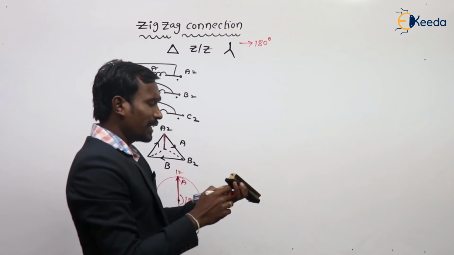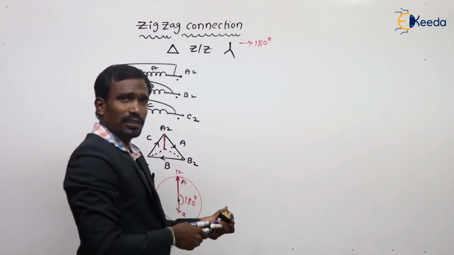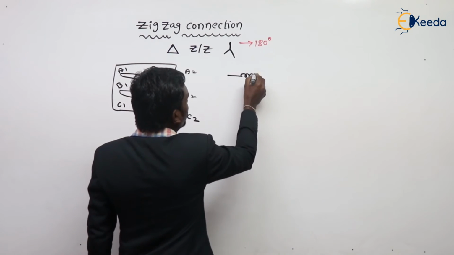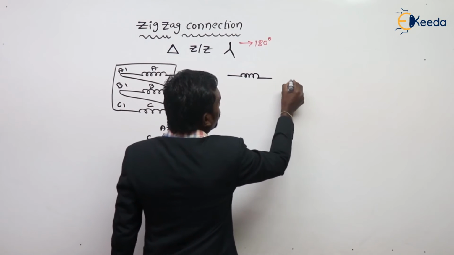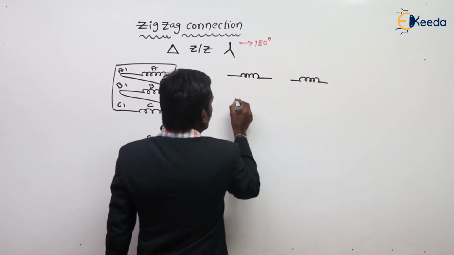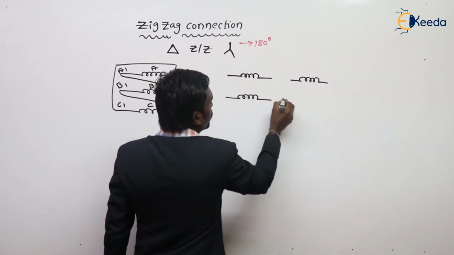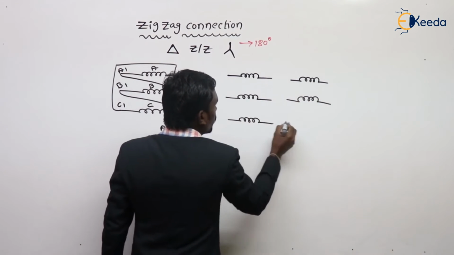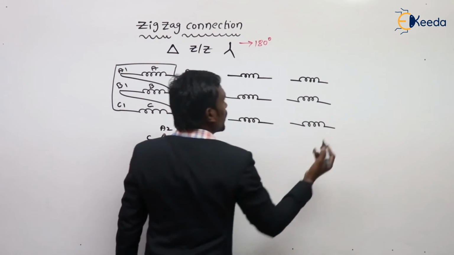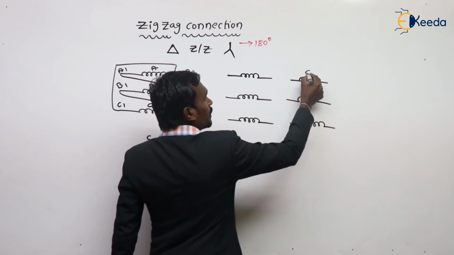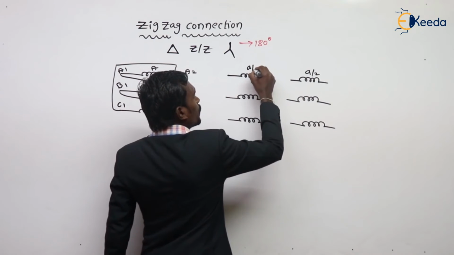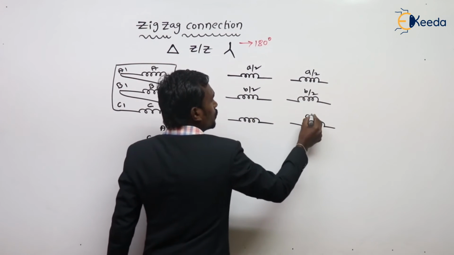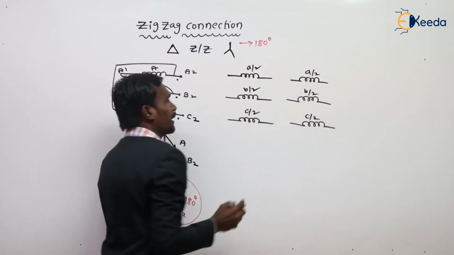One is for 180 degrees. Next, the second, how is it? Once check it. Again, take the two windings. These are two windings. We know this is A by 2, A by 2, B by 2, B by 2, C by 2, and C by 2.